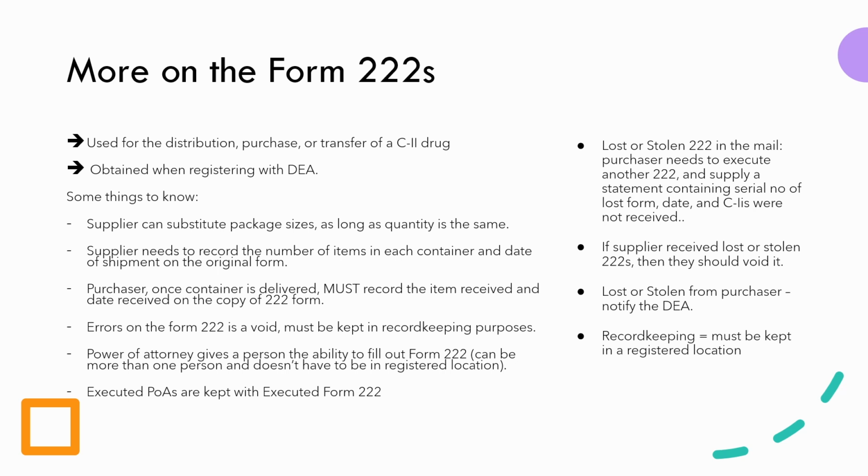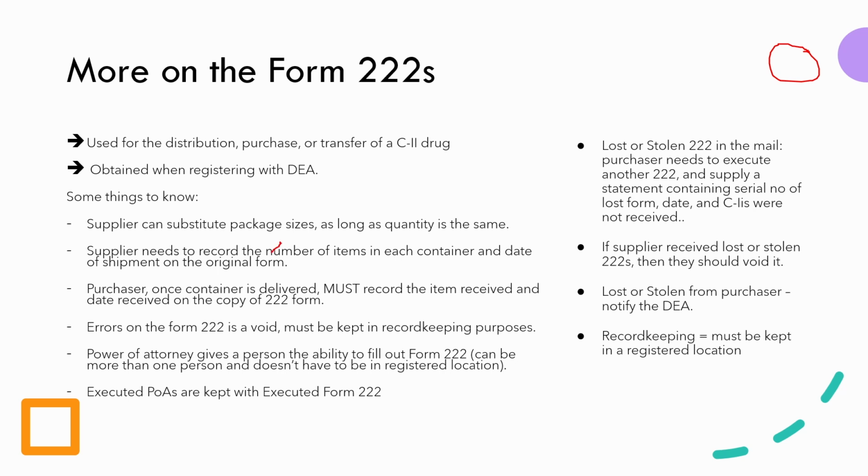With NDCs, remember the last two digits deal more with the package size. So if the package size is different but your quantity is the same, that's going to be fine. So that's just something to know for Form 222.